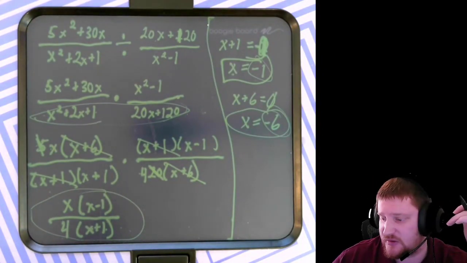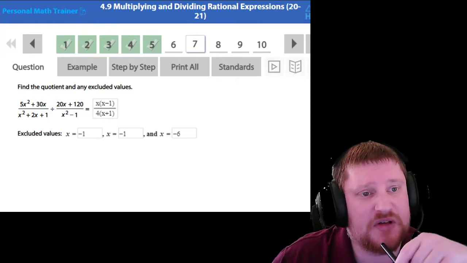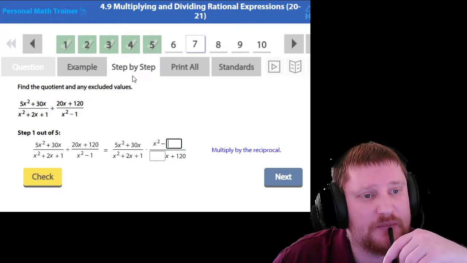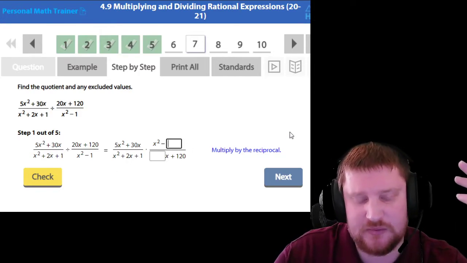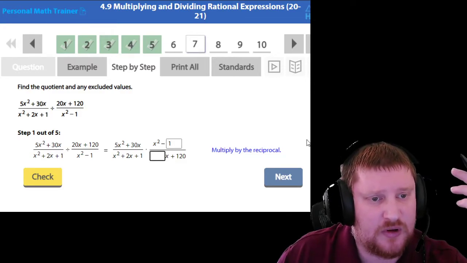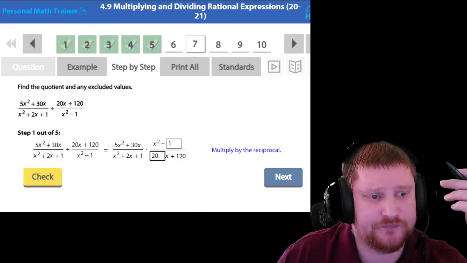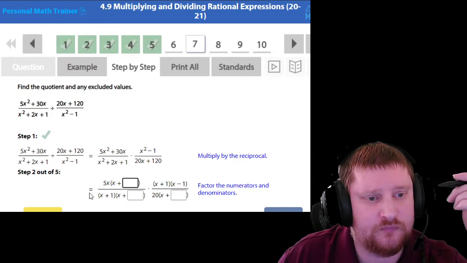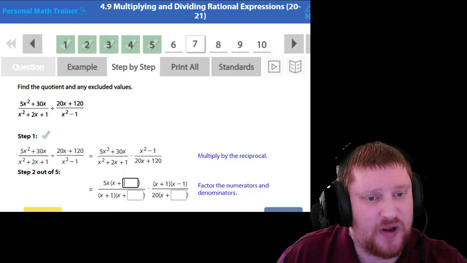So I guess let's go to HRW and let's do their step-by-step and see what they say. Multiply by the reciprocal, so that's x minus 2. And, okay, so factor the numerators.